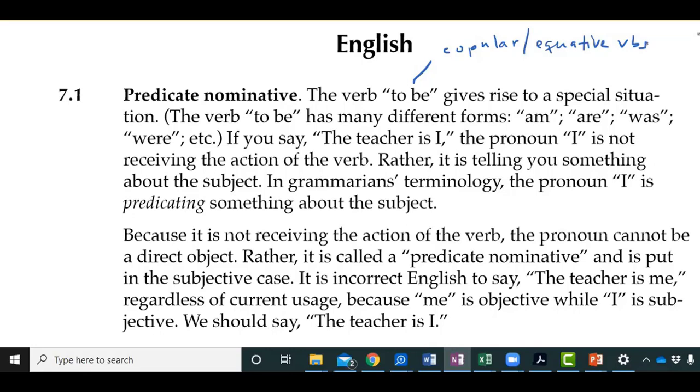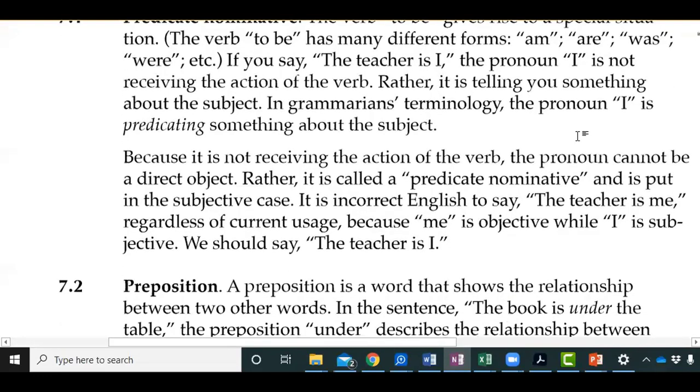And in fact, what it's doing is it's predicating something about the subject. It's saying that the subject is, or if it's past tense, was some quality or some person, and that quality or person is not affected by a verbal activity. It's rather what the subject is. Okay? And when we have a copular verb like "am," the thing that the subject is will be in the nominative case.